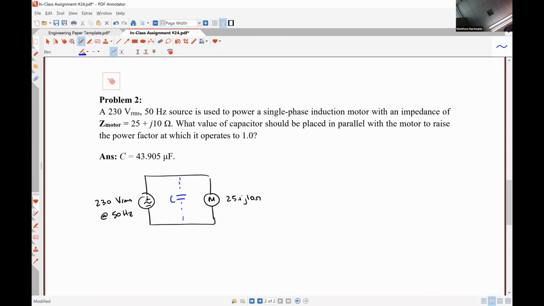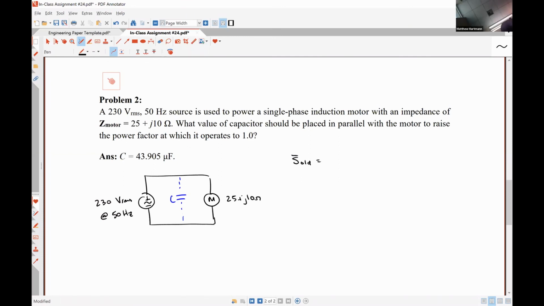So my first question to you guys is, how are we going to find S old in this problem? S old is the complex power of the motor, right? That is correct. I'd use the alternative relationship using VRMS and the motor's impedance.